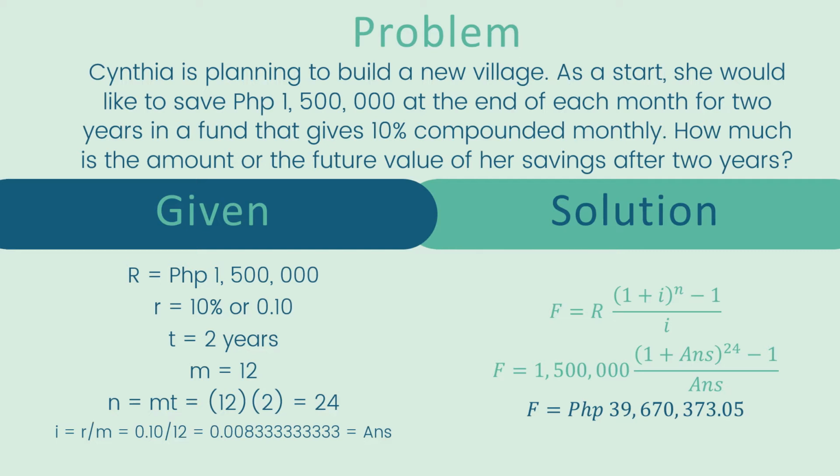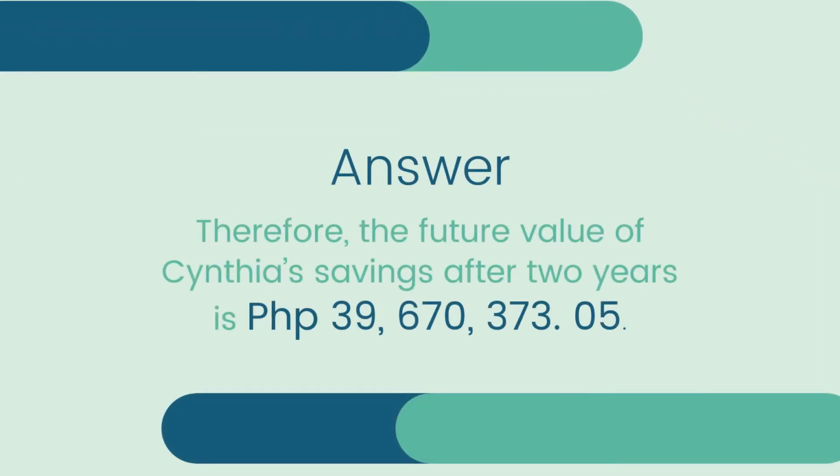And now our future value is 39,670,373.05 pesos. Therefore, the future value of Cynthia's savings after 2 years is 39,670,373.05 pesos.